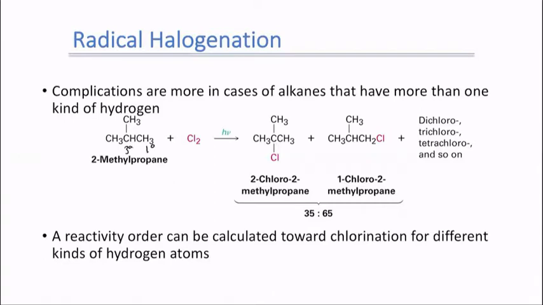We see during the course of this reaction that we get about 35% of the tertiary substitution and about 65% of the primary substitution. And then we can also get the dichlorination, trichlorination, or tetrachlorination. So we can also get multiple chlorination events still.